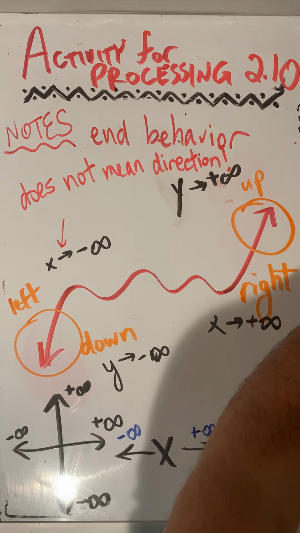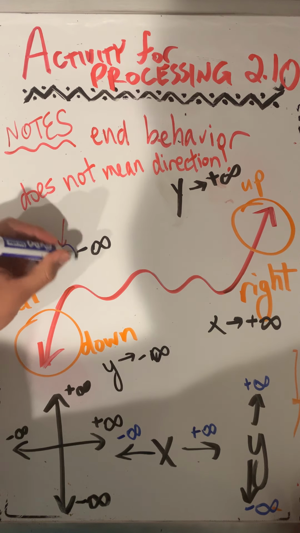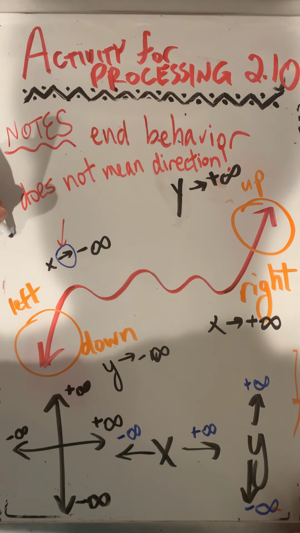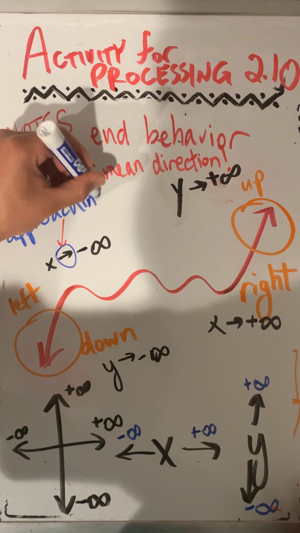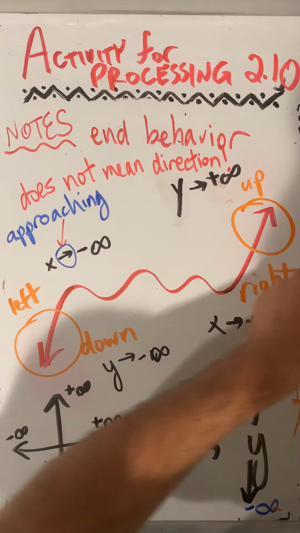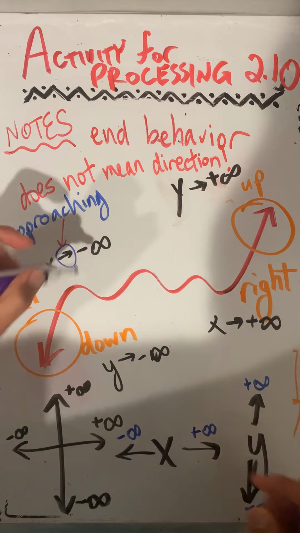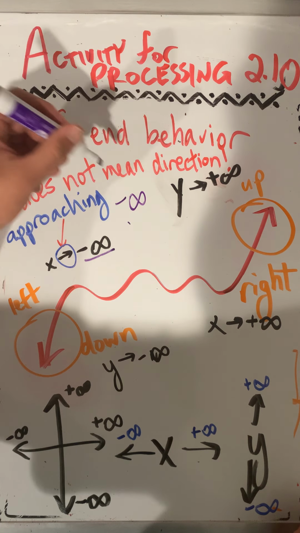No, let's be clear about what it means, ladies and gentlemen. These arrows right here, they mean approaching. And for this specific one, let me switch to purple, it's approaching negative infinity, which is to the left.